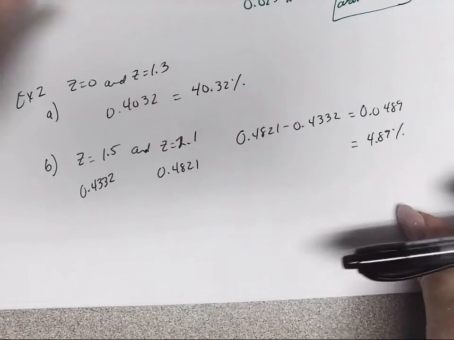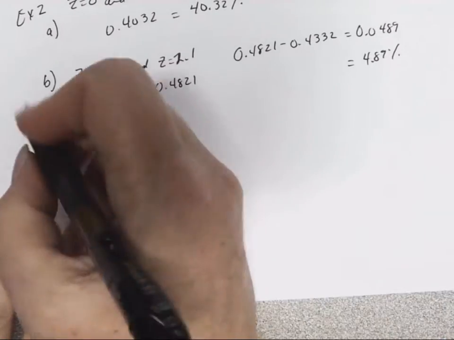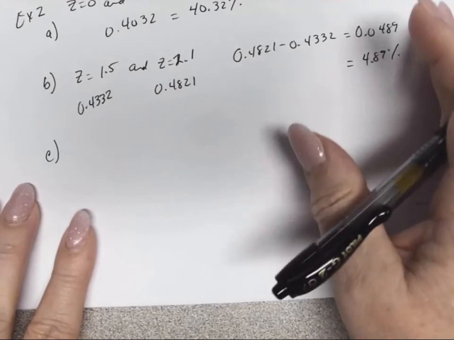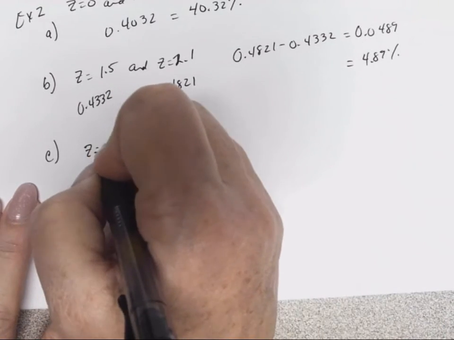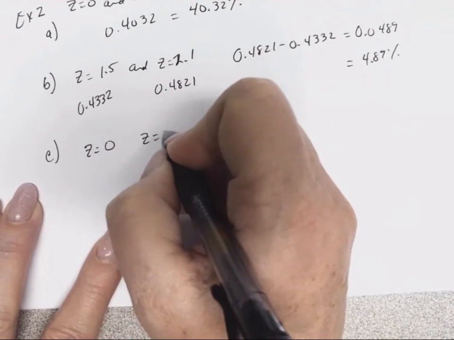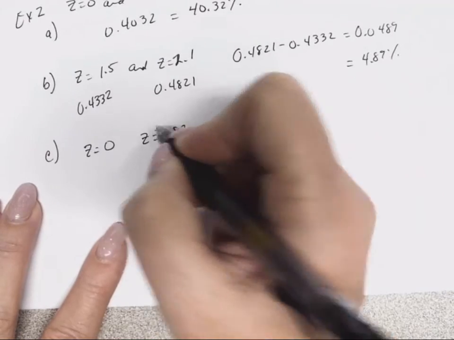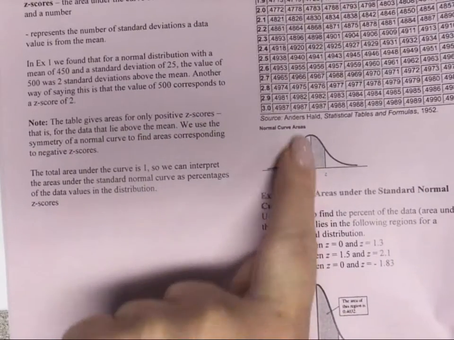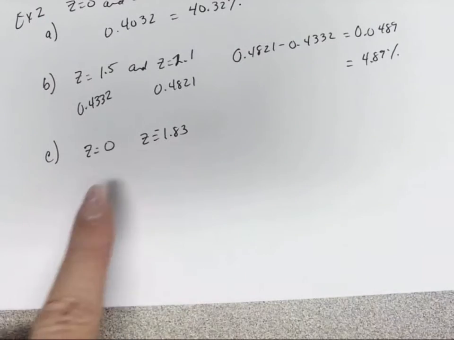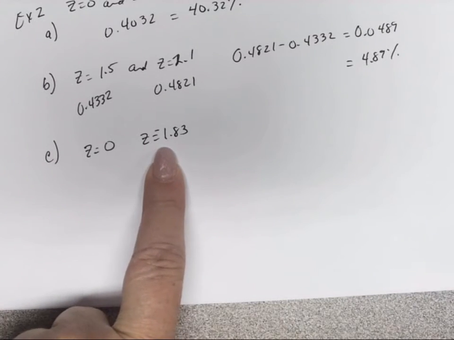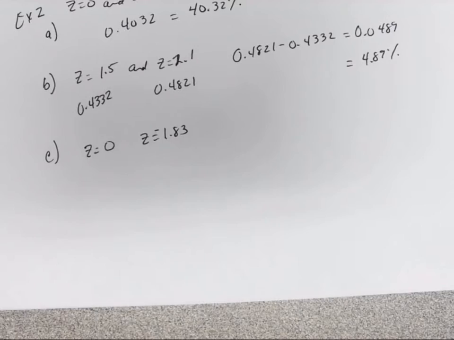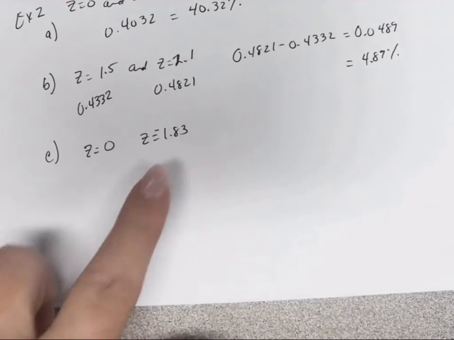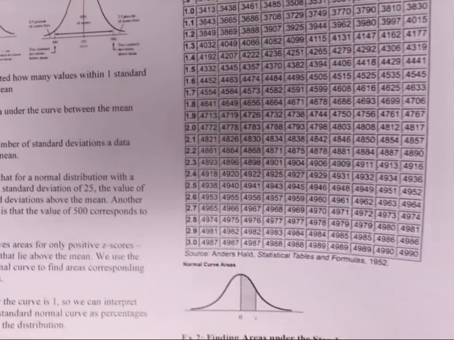All right, let's look at part C. For part C, we have Z is equal to 0 and Z is equal to 1.83, but it's negative. Now again, going from the 0, it's just right there, so we just have to find the other value. We don't have the negative, but remember the Z-score will be the same on one side as on the other, so we'll go find the positive value.